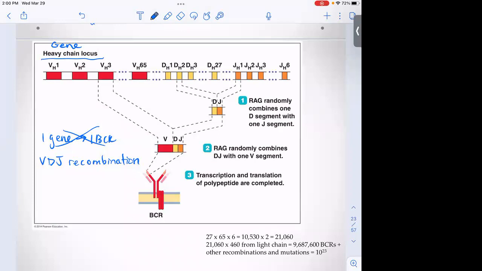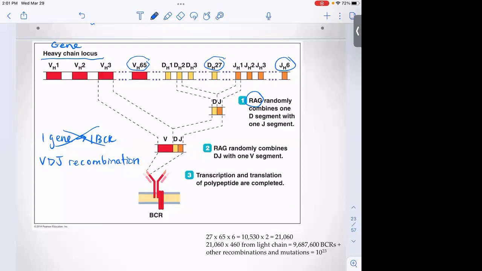So it has 65 different possible V regions, and then there's 27 D regions and 6 J regions. What they think is that a protein, here they've called it RAG protein, randomly goes through and picks out one V region, one D region, and one J region. And those get transcribed and translated to make both the heavy chain and the light chain.